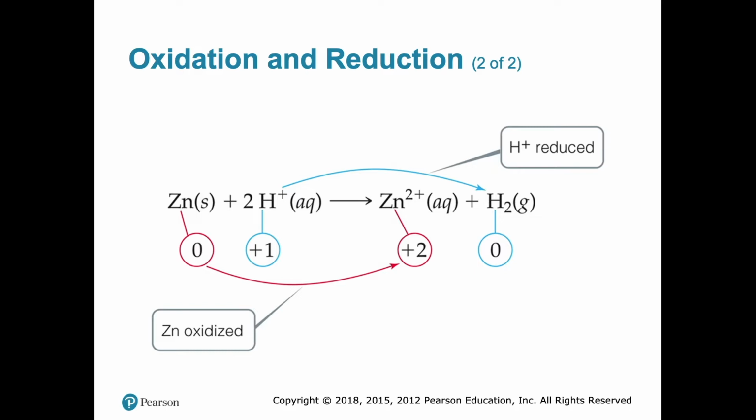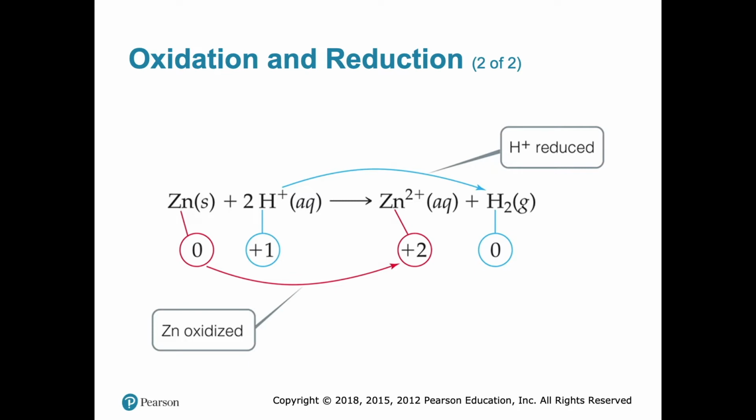So now the oxidation number of zinc is plus 2, and the hydrogen gas has an oxidation number of 0. You see it in the equation as zinc chloride, but here we're just talking about the species that are losing or getting electrons. The zinc lost electrons and became plus 2, and the hydrogen gained electrons and became hydrogen gas, okay?